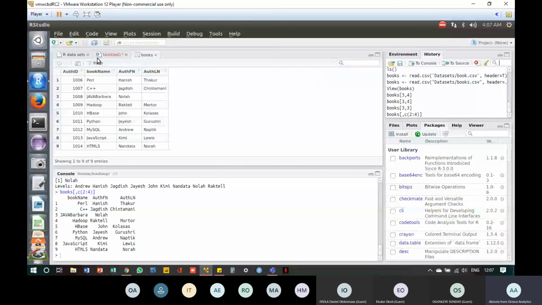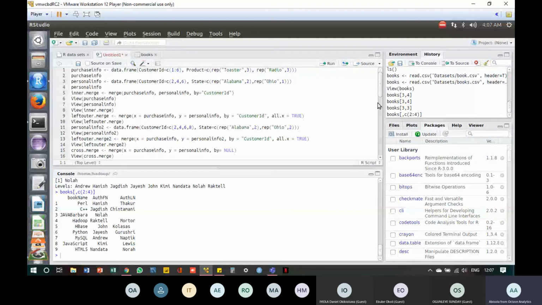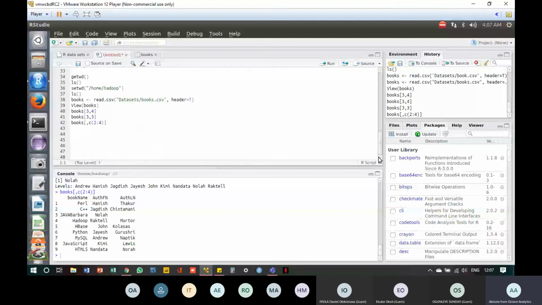Then I have 3 ways to subset my data. If I want to subset my data, I could do it in 3 ways. I could do the single bracket, I could do the double bracket, and I could do the $ sign. So I can also do something. Let me get a column name here. I have AUTHFN here. So I can do this.